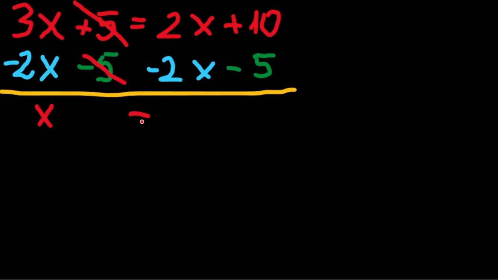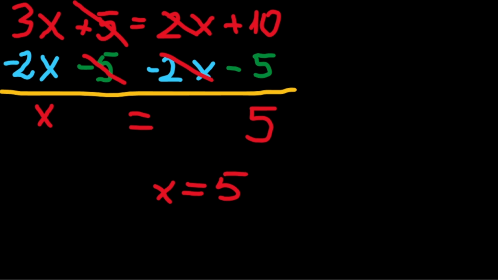So we have equal. Now plus 2x and minus 2x cancel each other. And now we're left with 10 minus 5, which equals 5. So this is the solution: x equals 5.